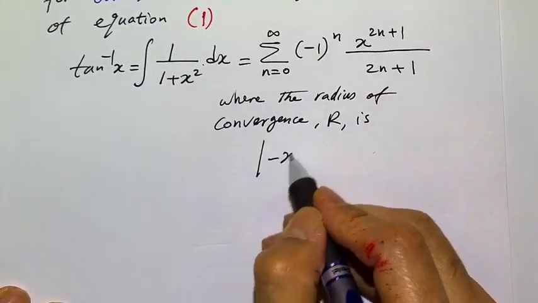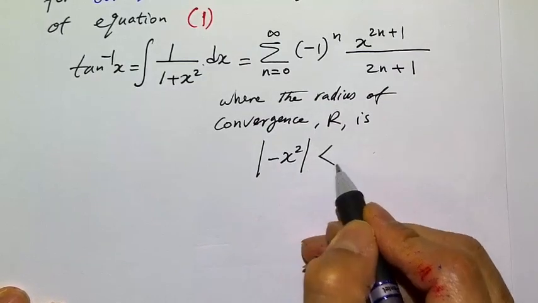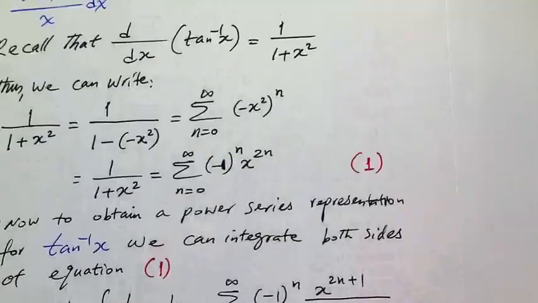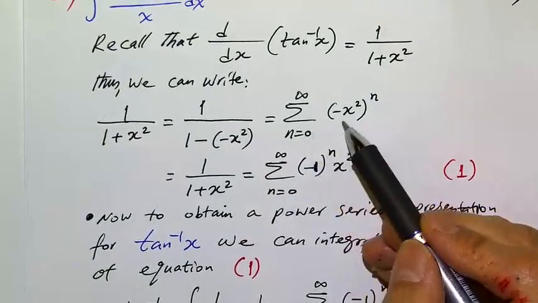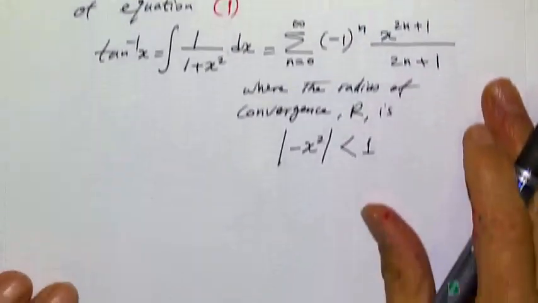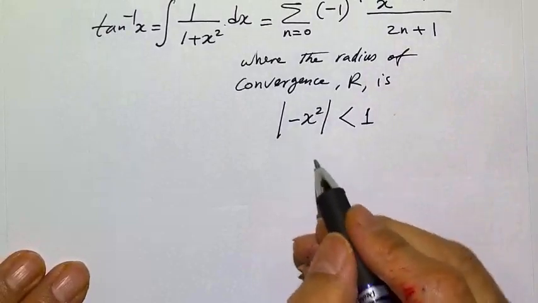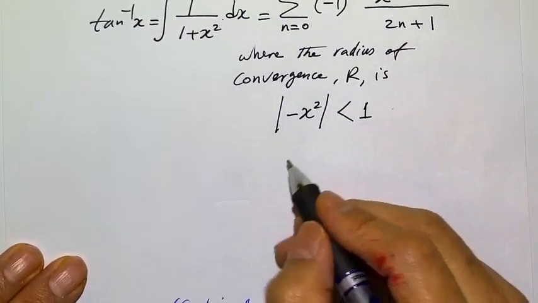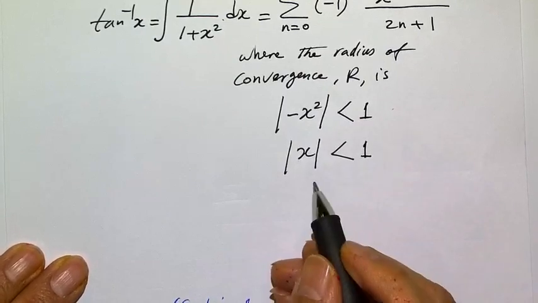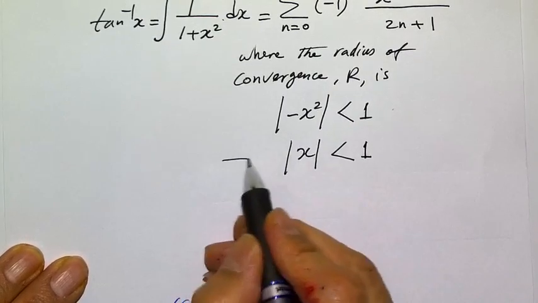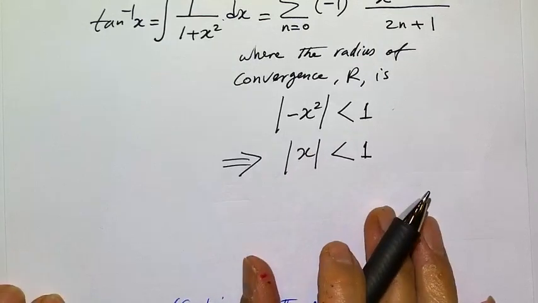So absolute value of minus x squared less than 1. And again, this is coming from what we initially picked, right? Okay, so this means absolute value of x is less than 1, right, from that.